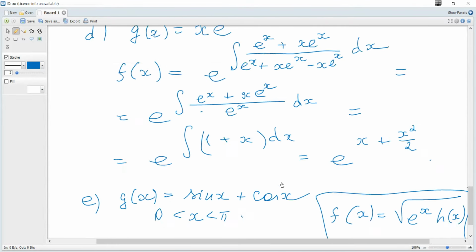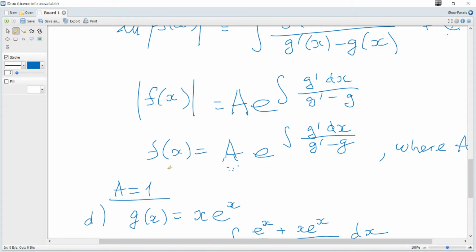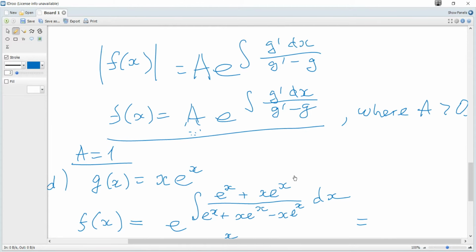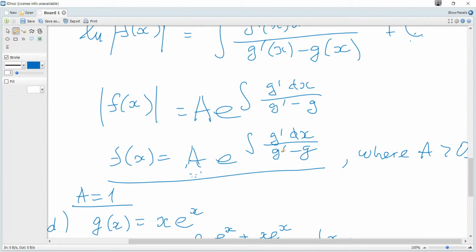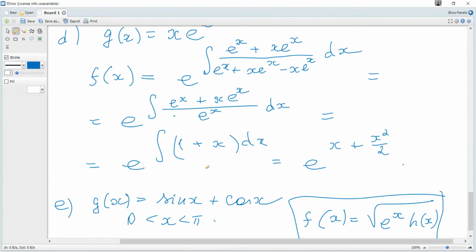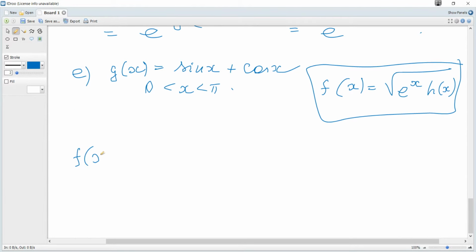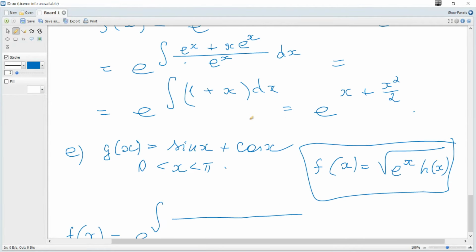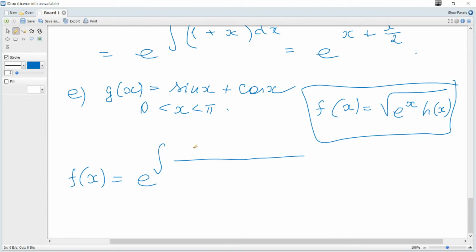So we need to just solve again this with a is 1, and we need to find again this integral. Notice that again a constant will be taken into account, so we just need to integrate. So it becomes f of x is e to the power of the integral of what? g derivative, it's easy, it's cosine minus sine.